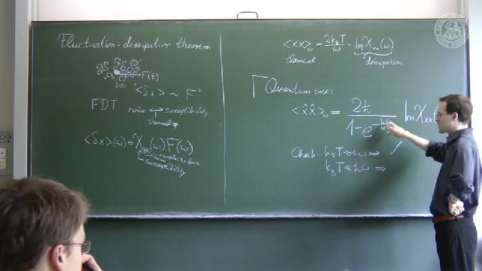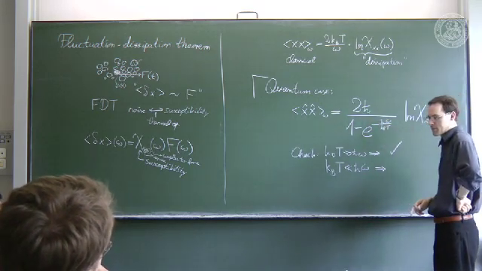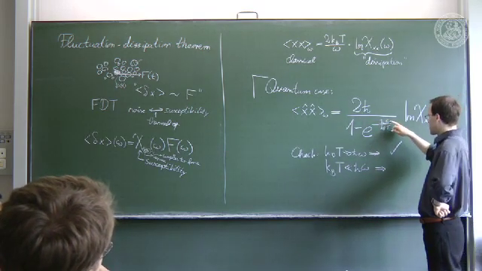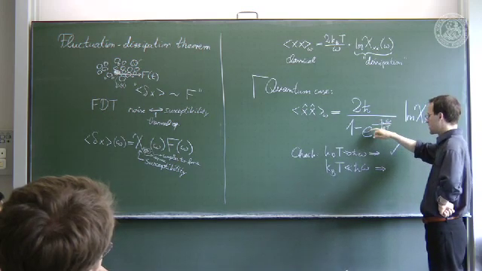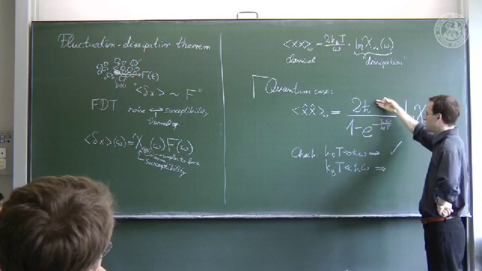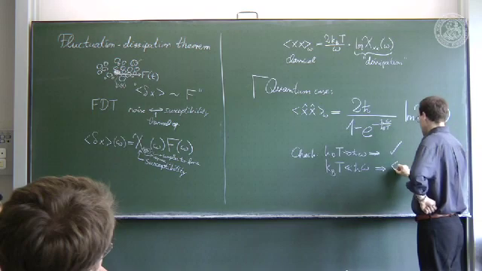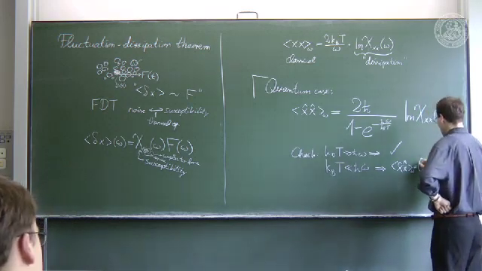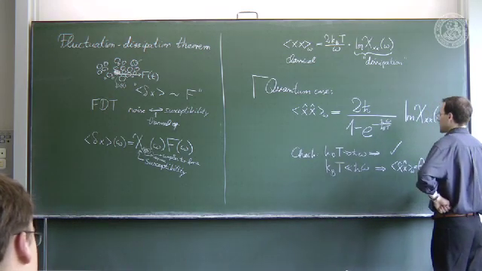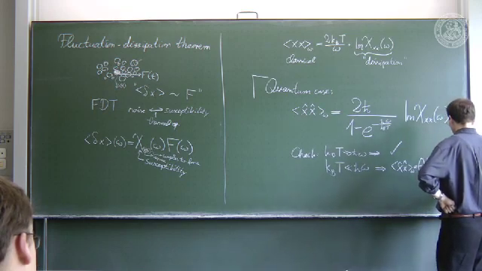Then you have e to the minus infinity, which is 0, and you just are left with 2 times h bar. For negative frequencies, the exponent overall will be positive. It will blow up. You get e to the plus infinity, and so this gives you 0. So in that case, the spectrum has a theta function, a step function at 0 frequency, and then 2 times h bar times the imaginary part.